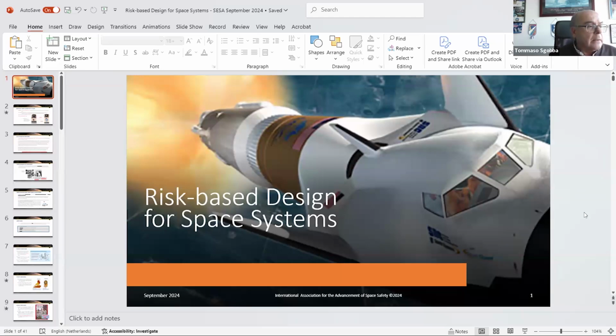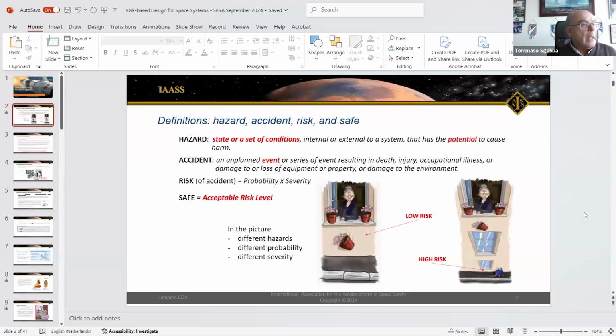Having said that, we will progress now through my presentation, which I try to keep as simple as possible, but I still need to provide certain key information. Again, here we see the definition of a hazard, which is a state or a set of conditions. So a hazard is not an event but a hypothetical condition.